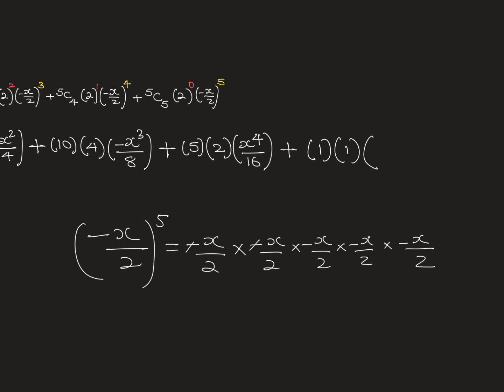So the negatives will cancel in pairs, and we still have a negative here. So x times x times x times x times negative x will be negative x to the power 5, all over 2 times 2 times 2 times 2 times 2, which gives you 32. So it means we're going to have minus x to the power 5 all over 32. Okay?